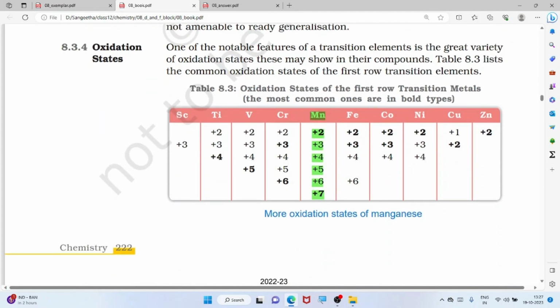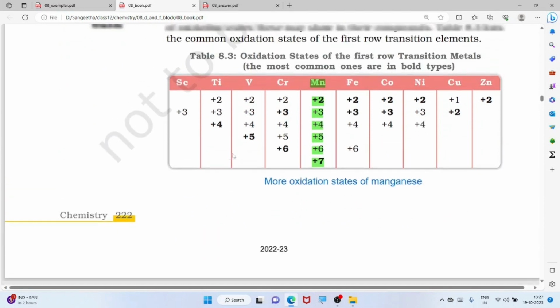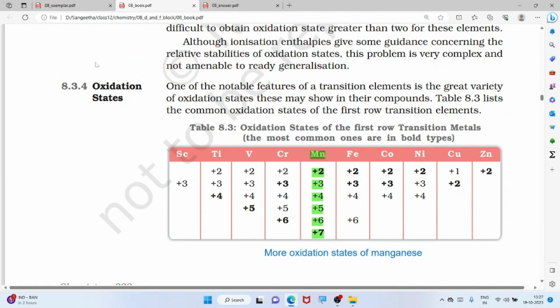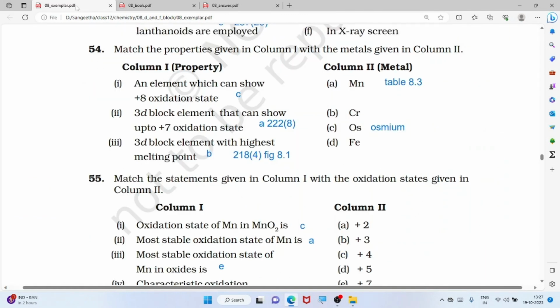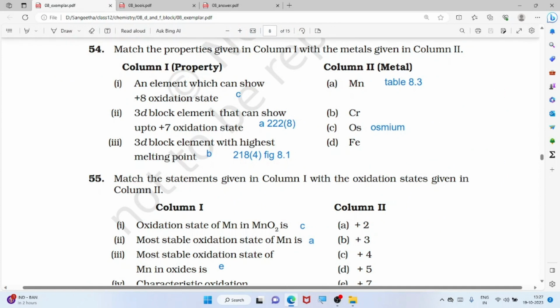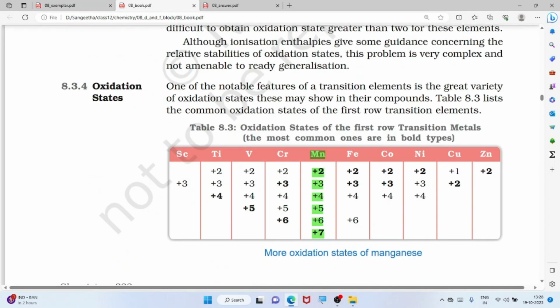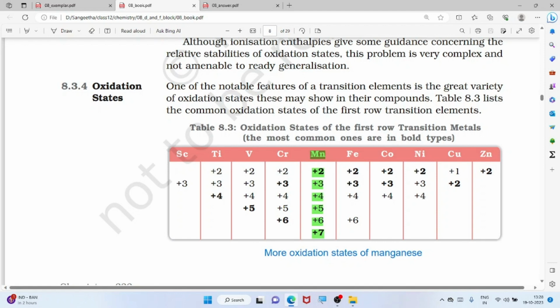So okay, these are the oxidation states. Third block element that can show up to +7 oxidation state, this one, Mn.